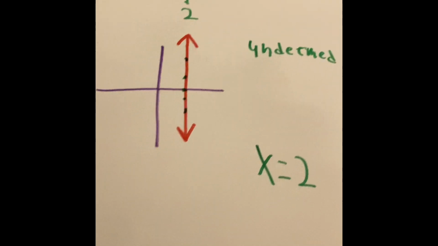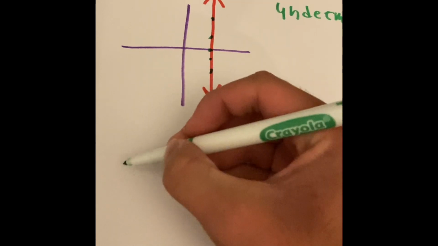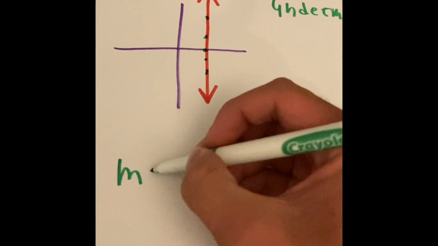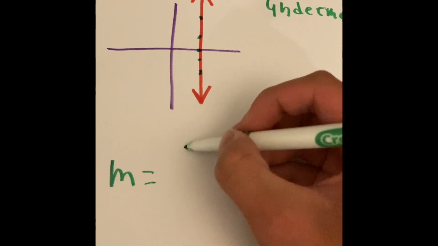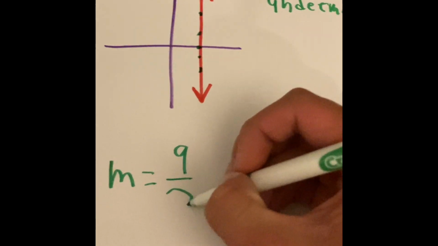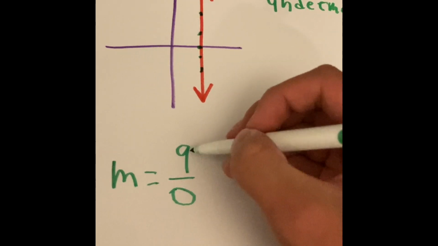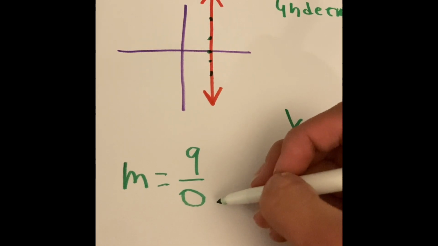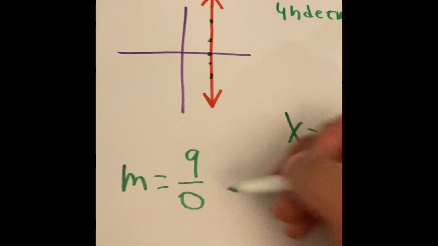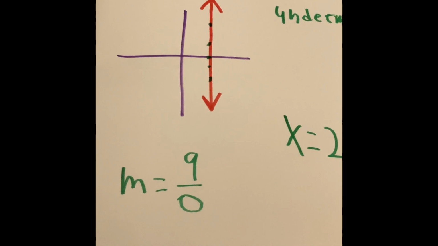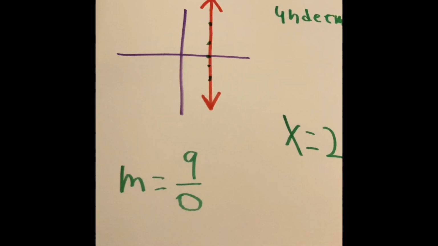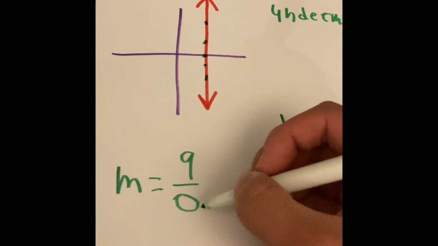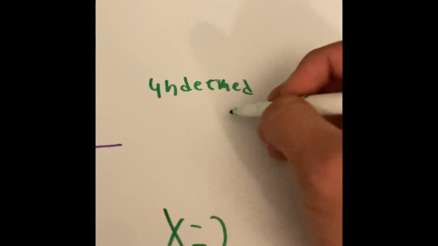Another way you can see if it's undefined is if you get a slope, or the letter m, as 9 divided by 0, for example. When you divide anything by 0, it's not actually a good idea because if you try it on a calculator, you'll get an error. And number 2, dividing by 0 is actually undefined.